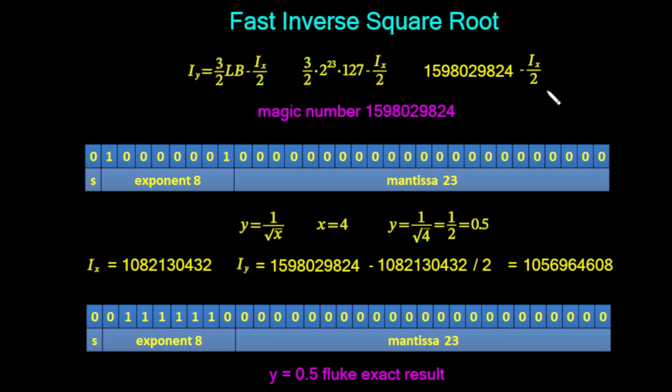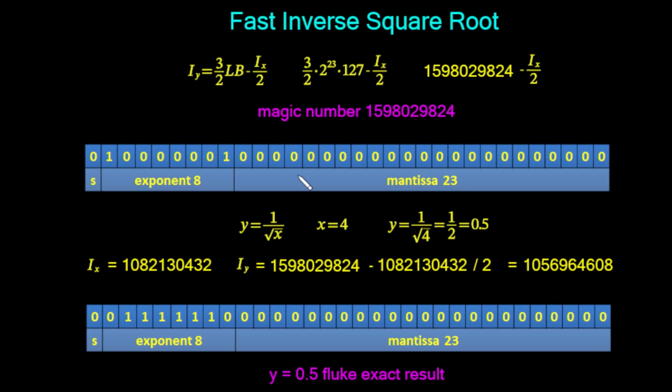So the algorithm is really simple. We work out the value of our floating point number, and then we work out the integer equivalent of it just using normal binary. We divide it by 2 and we subtract it from this magic number.